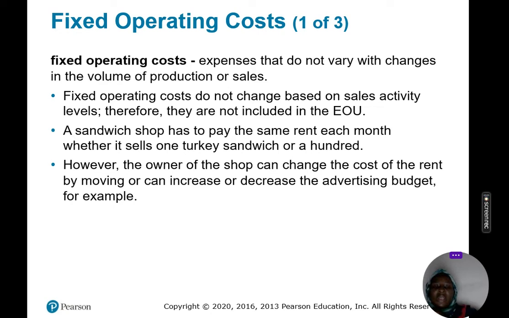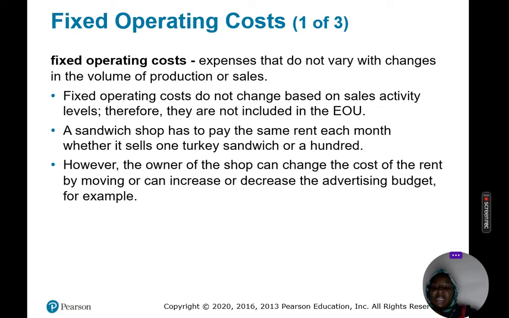Okay. For example, a sandwich shop has to pay the same rent each month, whether its sales are increasing or not. Whether you sell one sandwich, you're still going to pay the rent. The rent is fixed. Whether you're making millions and millions of sales, your rent is still the same.